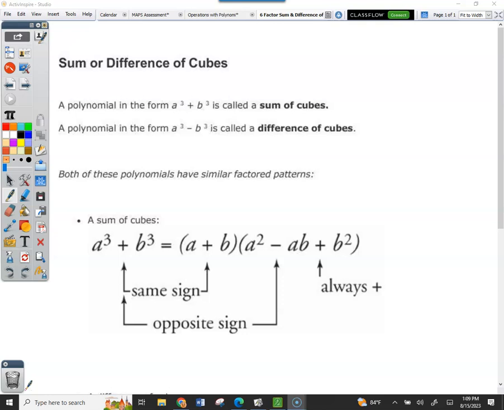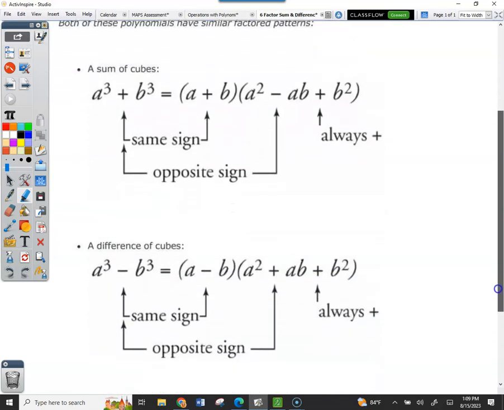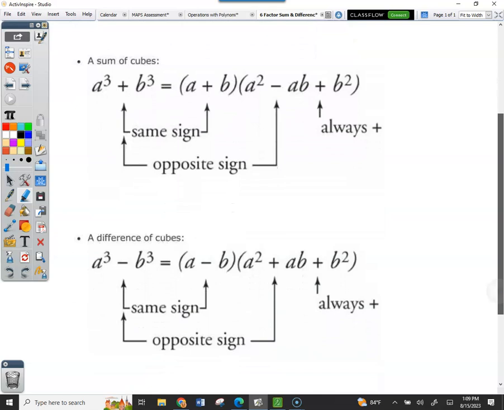So first of all, what you need to know is that there's 2 cases. There's the sum or the difference. The 2 cases still factor the same way, using the same pattern. You will notice that your paper has the 2 cases written out right here.